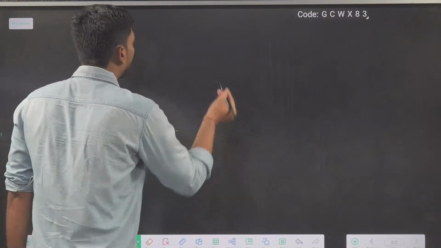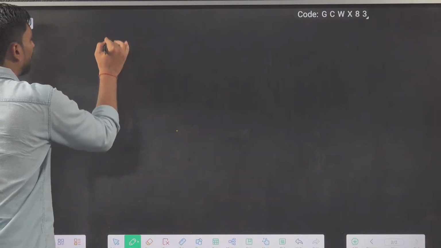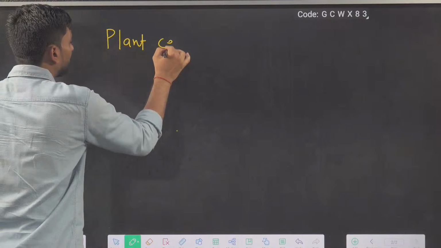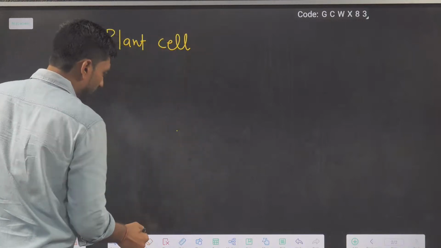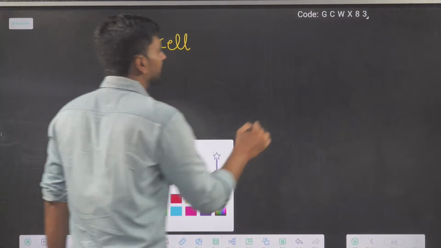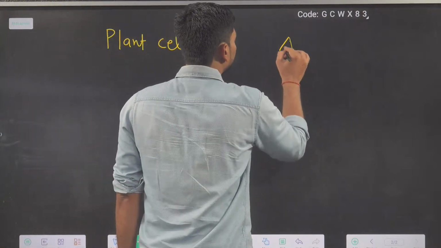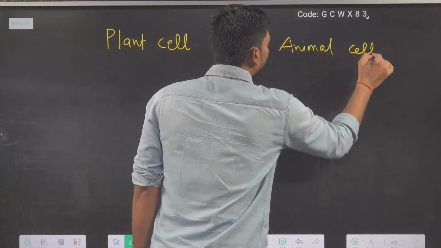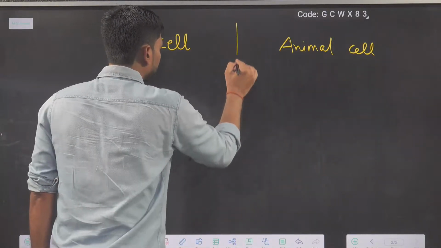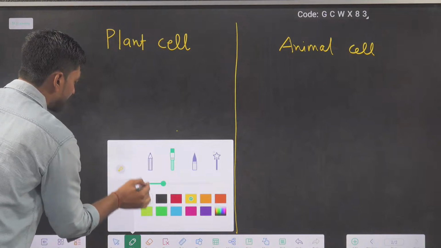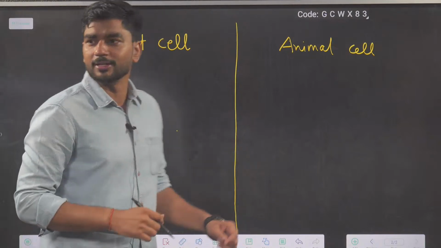But before that, we need a brief look at the differences between the plant cell and animal cell. So a slight difference. What is the first difference?